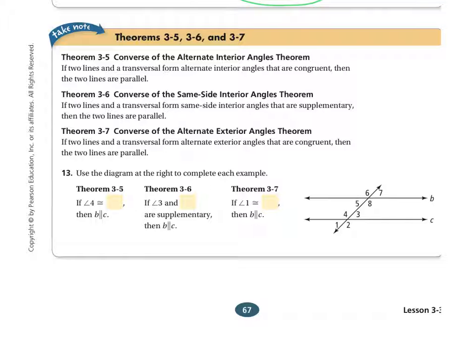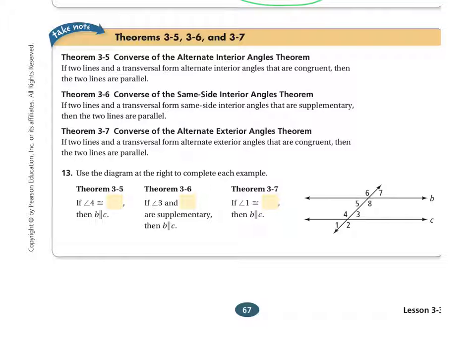The next one is the converse of the same side interior angles theorem. If two lines and a transversal form same side interior angles that are supplementary, this time not congruent, supplementary, then the two lines are parallel.